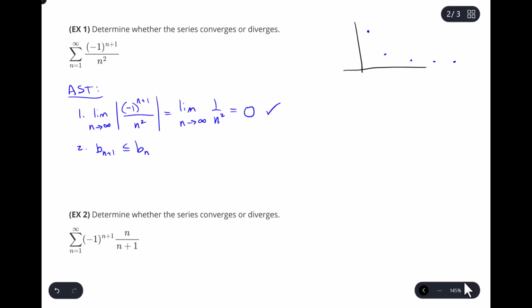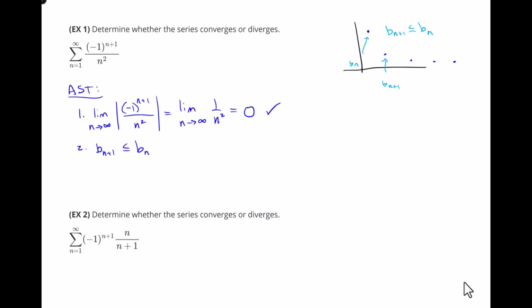We could say this is b sub n plus 1, and this is b sub n. If it's decreasing in value, then b sub n plus 1 is less than b sub n on the y-axis. So that's what it means to be decreasing. So effectively, we just need to plug in and see what happens.